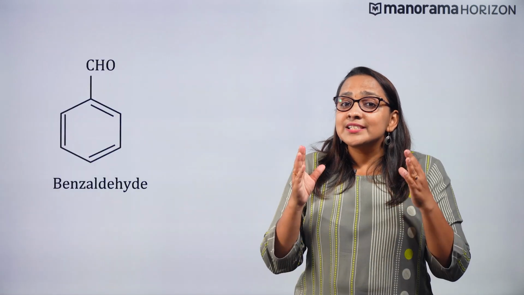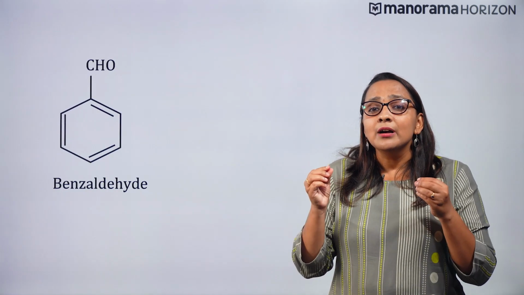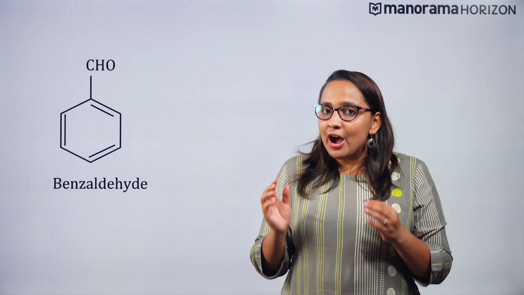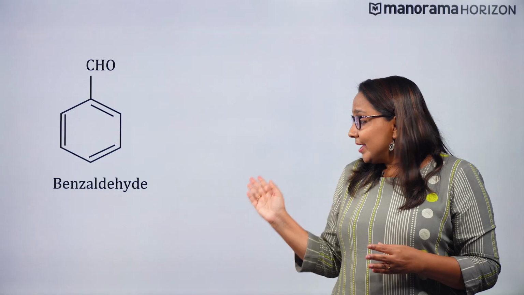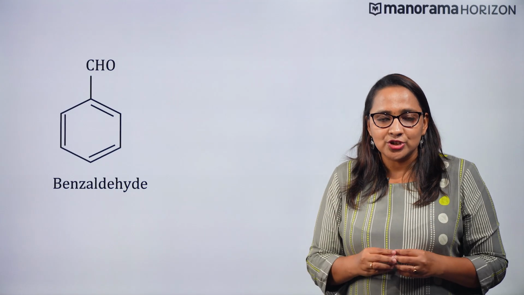The name of the simplest aromatic aldehyde carrying the aldehyde group on a benzene ring is benzenecarbaldehyde. However, the common name benzaldehyde is also accepted by the IUPAC system of nomenclature.